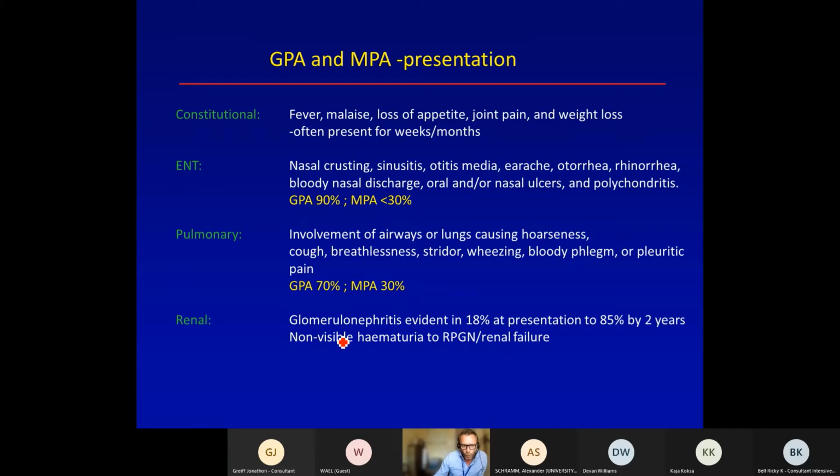Nonetheless, it's worth always dip testing the urine, because even if there's just non-visible hematuria and the diagnosis is unclear, a kidney biopsy may establish the diagnosis. And so we sometimes will biopsy patients with a possibility of ANCA-associated vasculitis with relatively modest renal abnormalities to try and secure the diagnosis. So always dip test the urine.